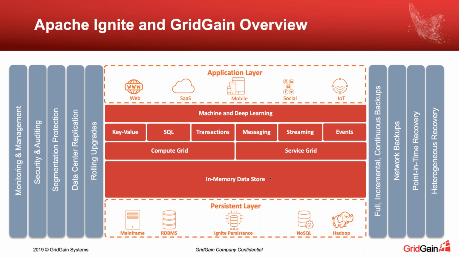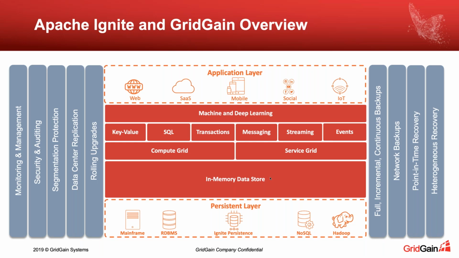It's not enough just to put data in memory, but it's also crucial to couple your APIs with your in-memory data structures. And that's why Ignite became so successful as a memory computing technology.